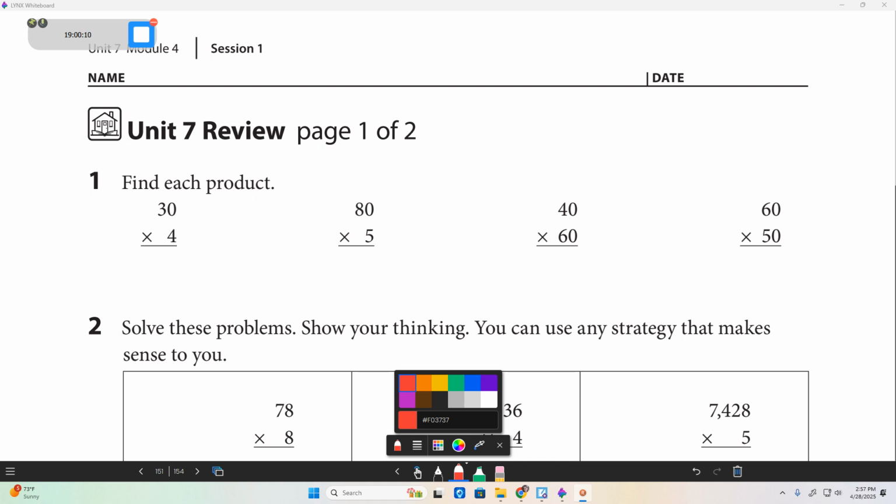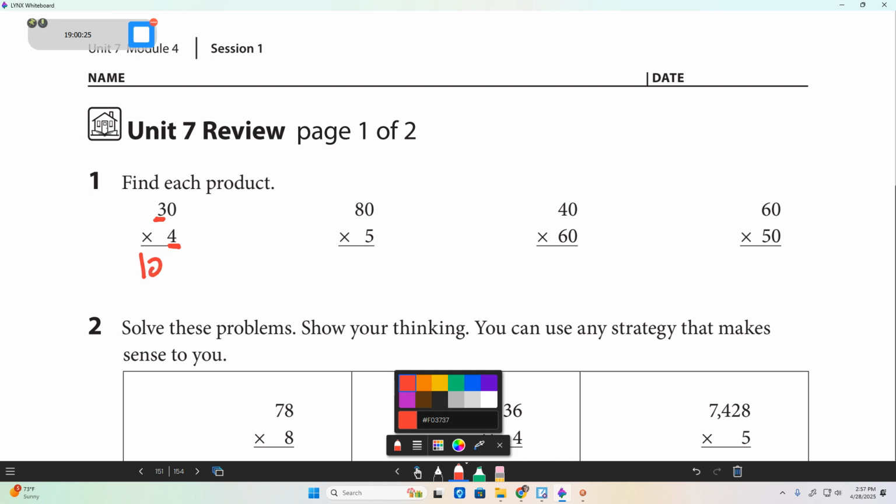The first one says to find each product, and I know that you know that product is the answer to a multiplication problem. Anytime I see a zero, I'm always thinking, oh my gosh, there's an easier way to do this. I always just think, what's 3 times 4?